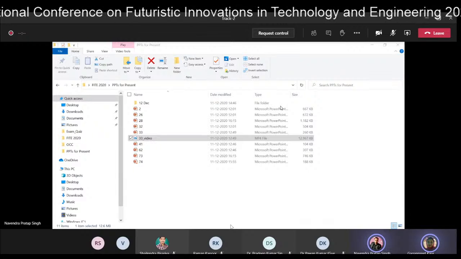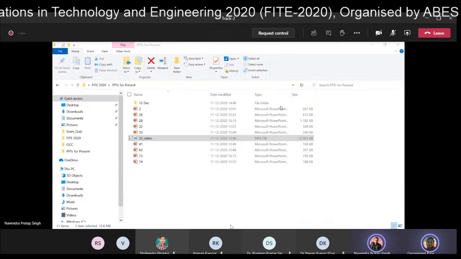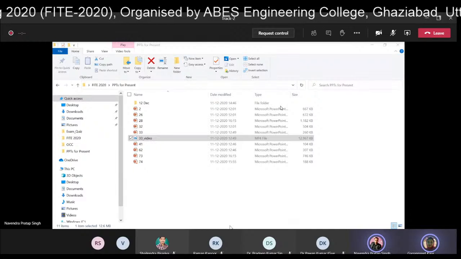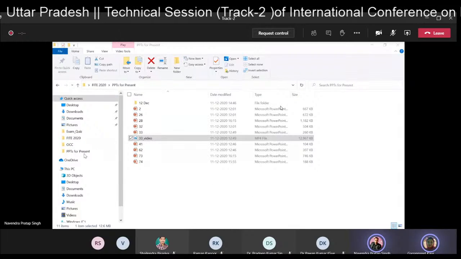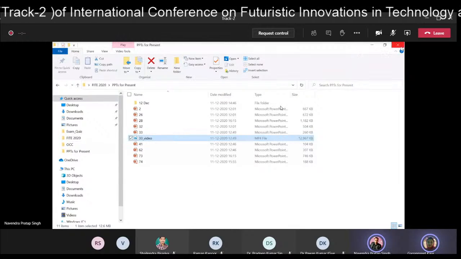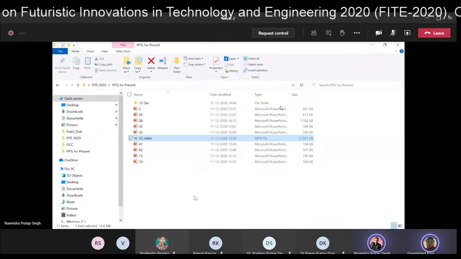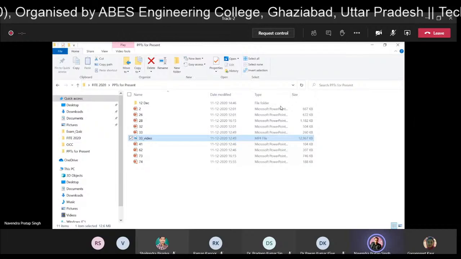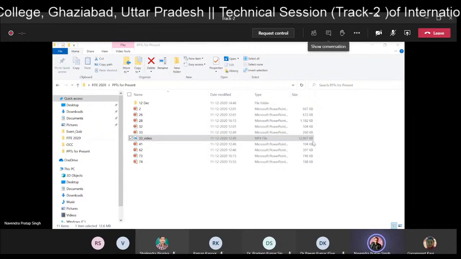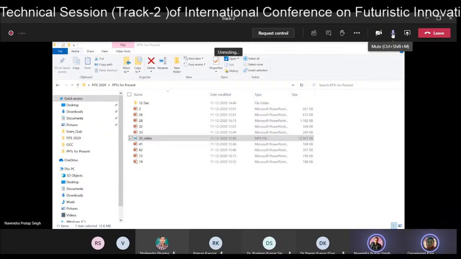It is audible. It is not actually visible. Audio is playing but not visible. Is it audio only or both? It's audio and video, both are there. But whenever I start playing, the video is playing in front of me, though I am sharing with you also.